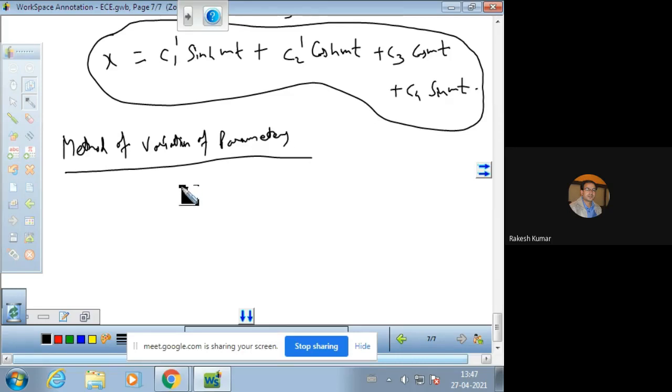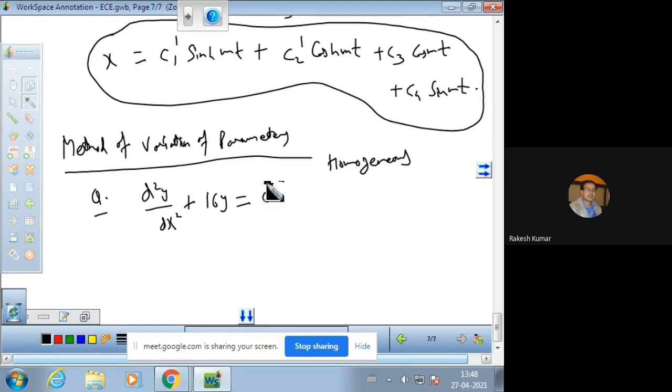Suppose the differential equation is d square y by dx square plus 16y is equal to, suppose if it is equal to 0, then you know that this equation is a homogeneous differential equation, and we can find the solution by the earlier discussed methods.